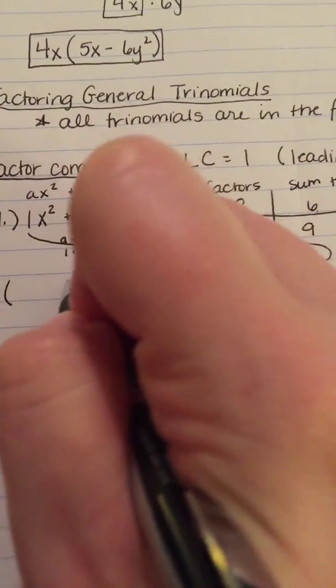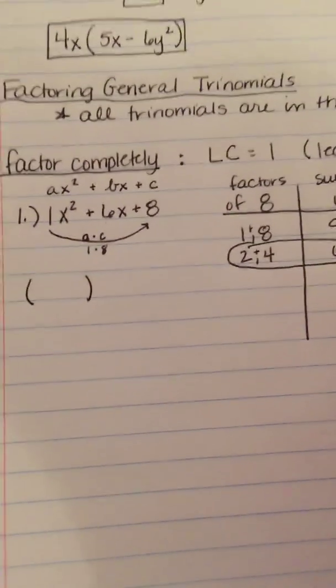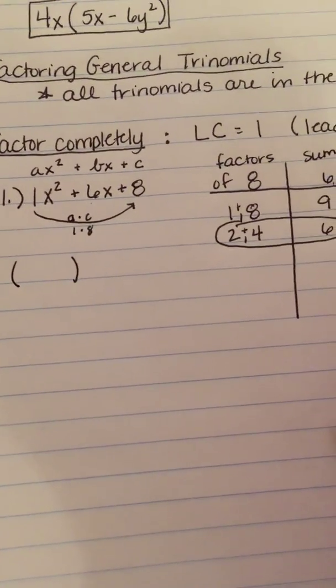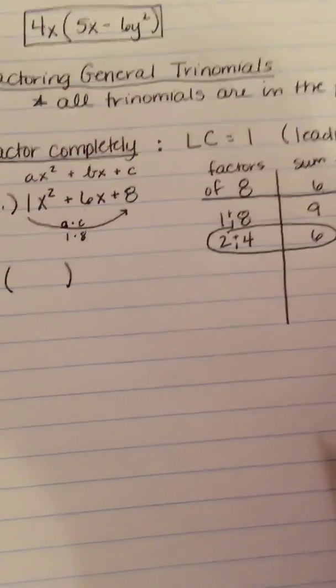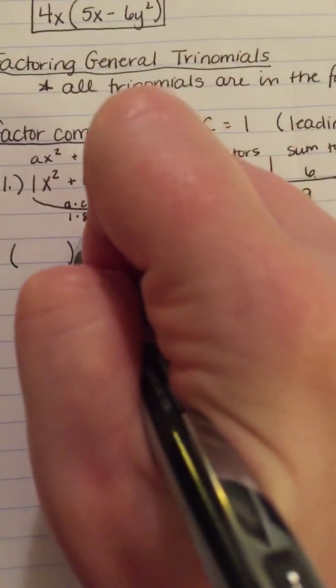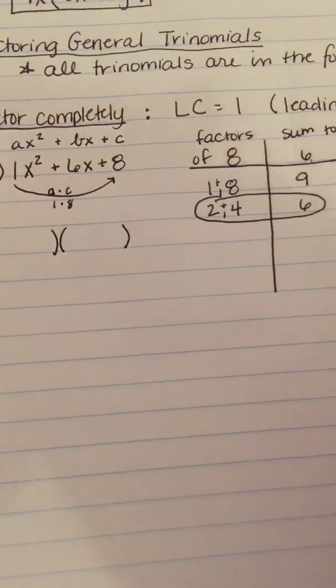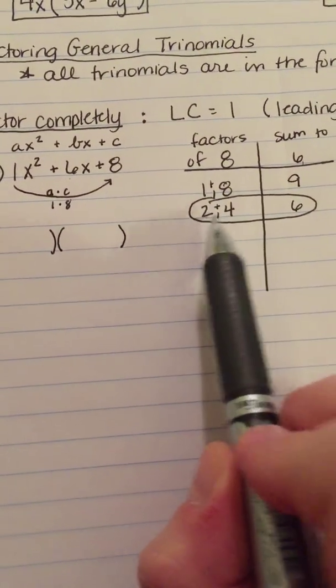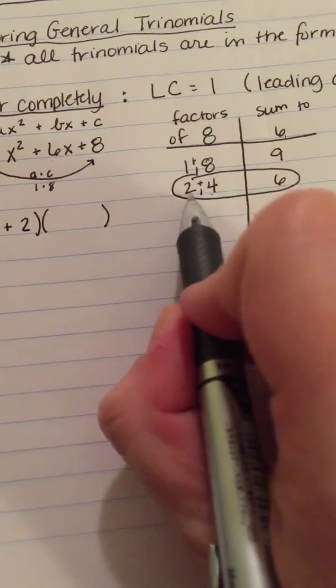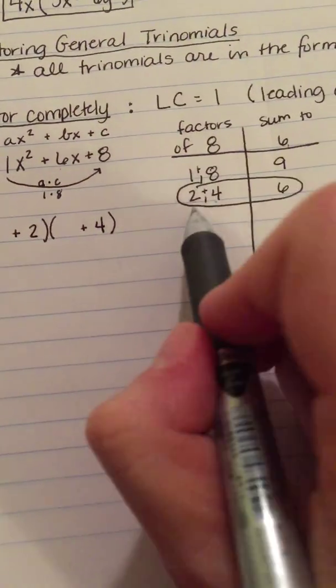Whenever we created trinomials, we multiplied two binomials to get the trinomial as the answer. Well, I've got two parts of the binomials right here. I know it's going to be a positive 2, and a positive 4, because 2 times 4 gave me 8.